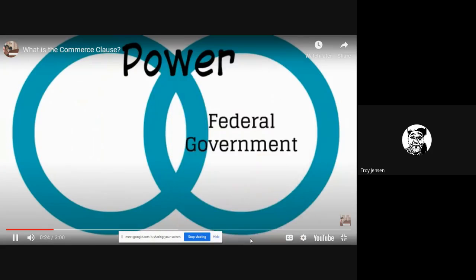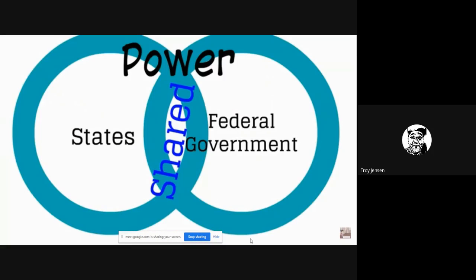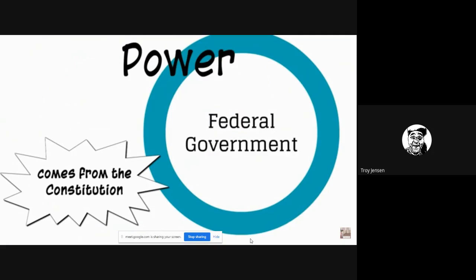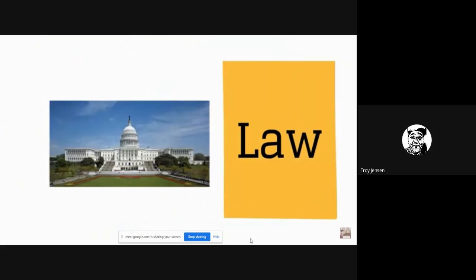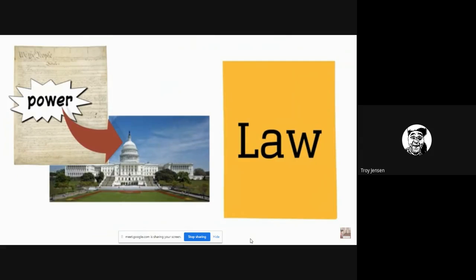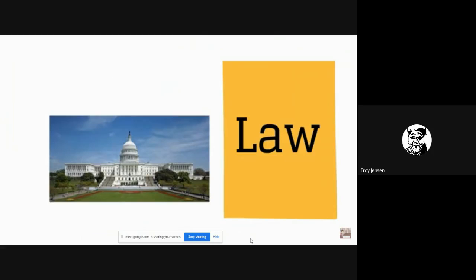Because of the Constitution, some power is assigned to the federal government, some power is reserved for the states, and some power is shared. The federal government's power to act must come from the Constitution. To pass a law, Congress needs authority or power from the Constitution. Without authority from the Constitution, the law is unconstitutional.